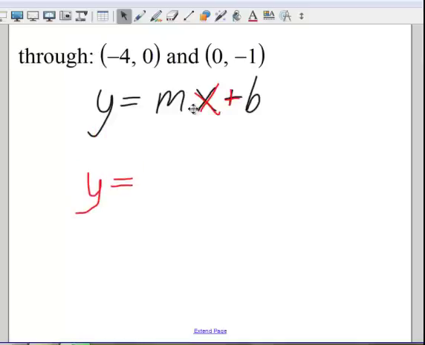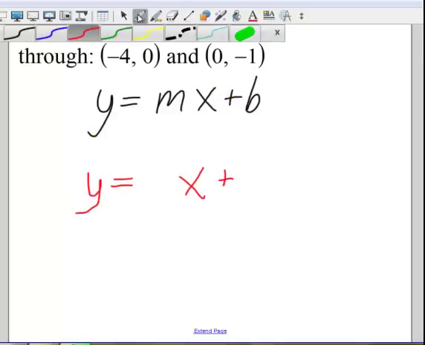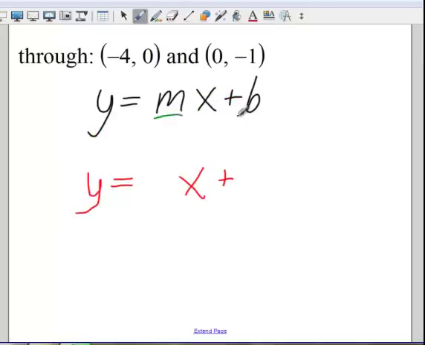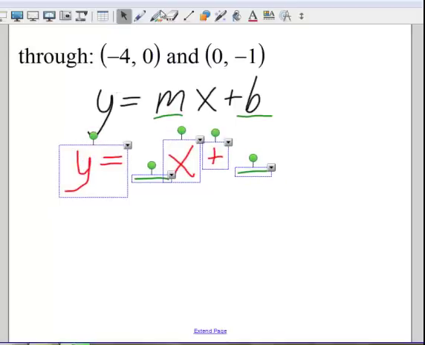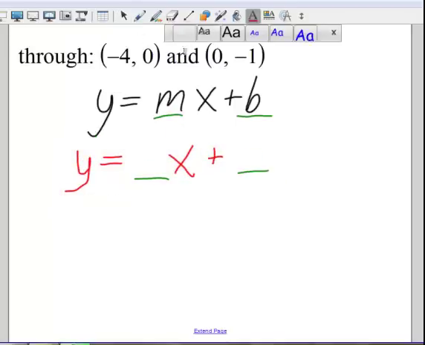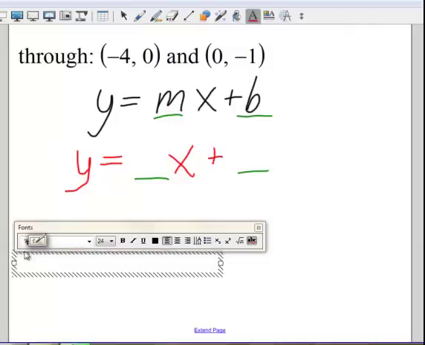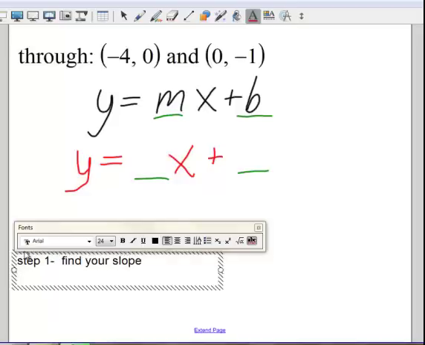So it's going to have all this stuff. But what I don't know is my m and my b. So you're going to have to do a combination of a couple things. First step is find your m, and I'll write that down here. So step 1, find your slope. Okay, so let's do that real quick.